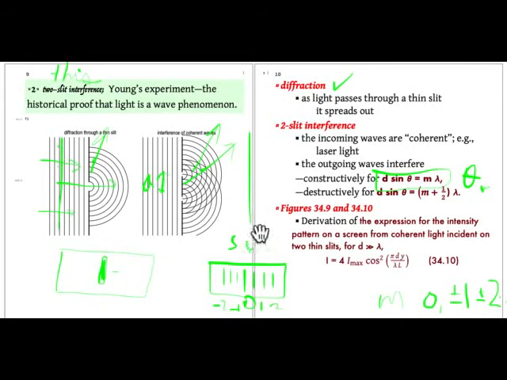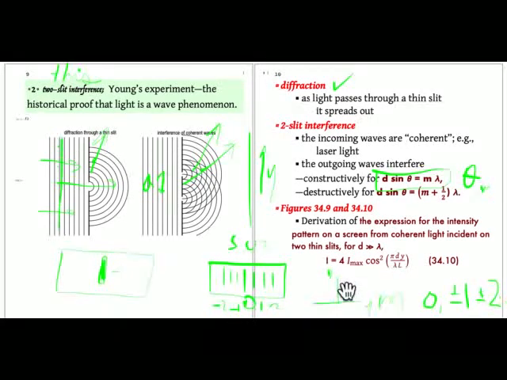So here's the screen. Here's the position y. And the intensity goes like the cosine squared of y. So in other words, the intensity as a function of y will go like cosine squared.